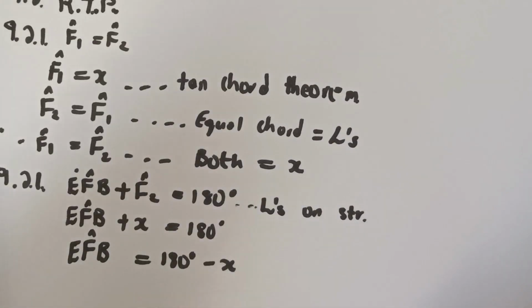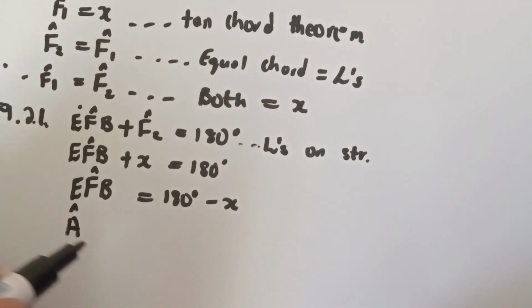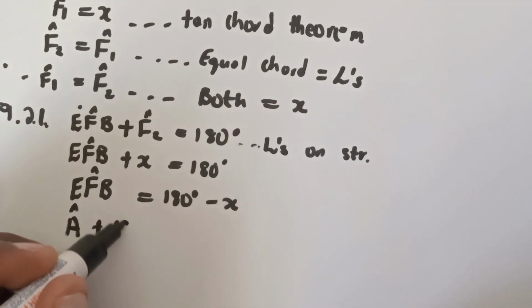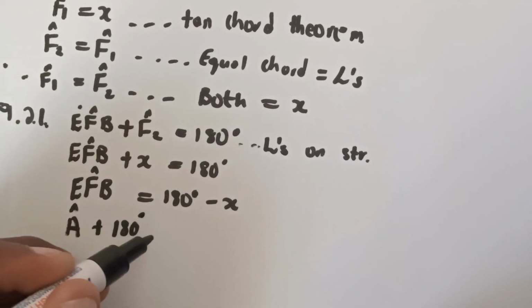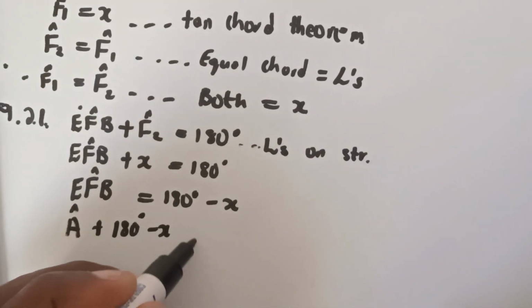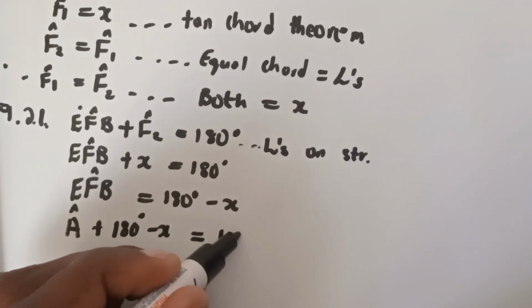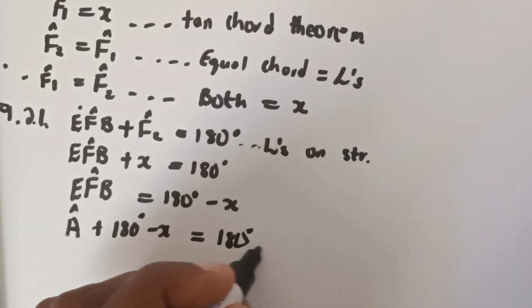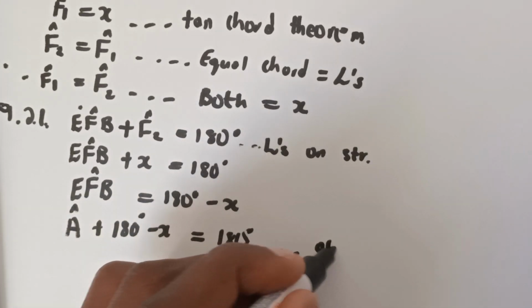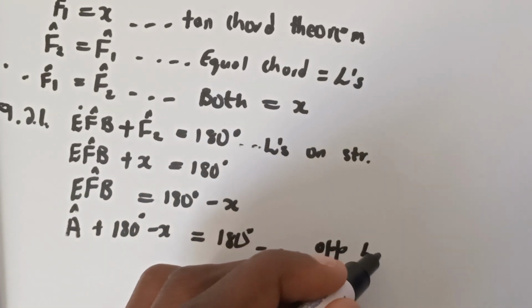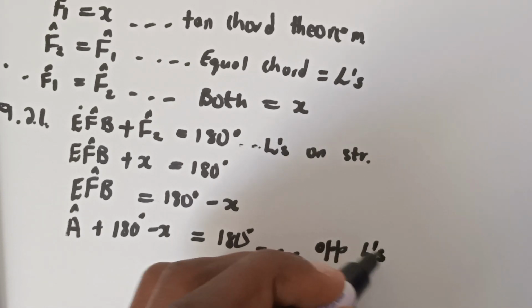Angle A plus 180 minus x is equal to 180, because these angles are opposite angles of a cyclic quad.